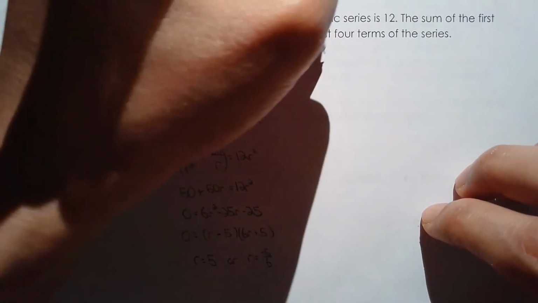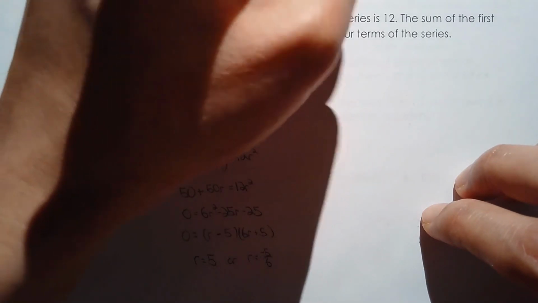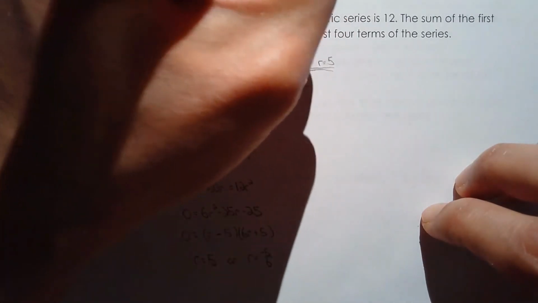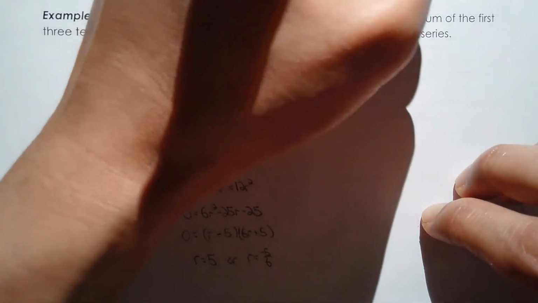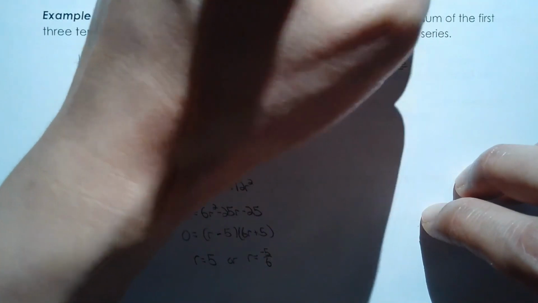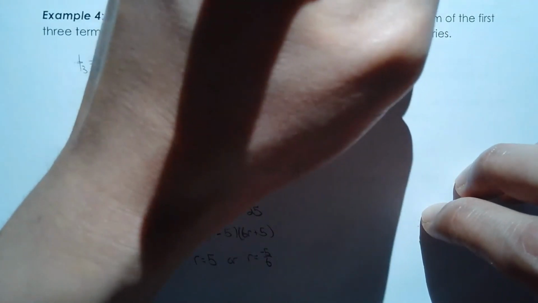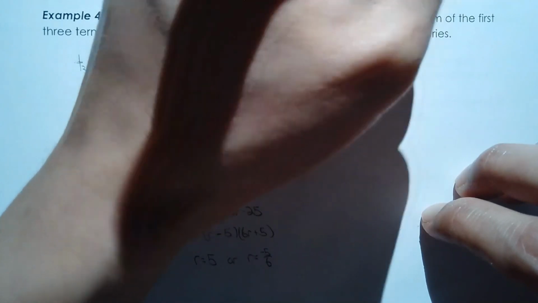Which means a could be two different numbers. If r equals 5, a equals 50 over 5 squared, which is 2. If r equals negative 5 over 6, a will take on a totally different number, which is 72.